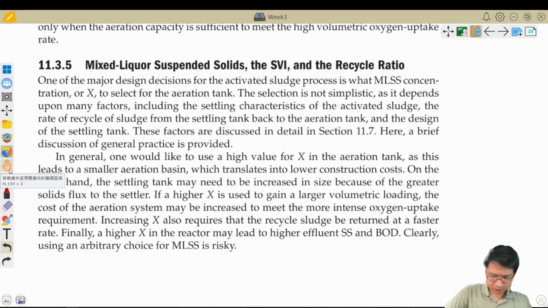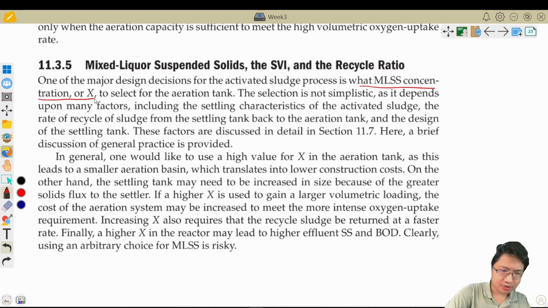Okay, so here we can understand that the MLSS concentration, which we call the biomass concentration in the aeration tank, is the major design decision for your activated sludge process.